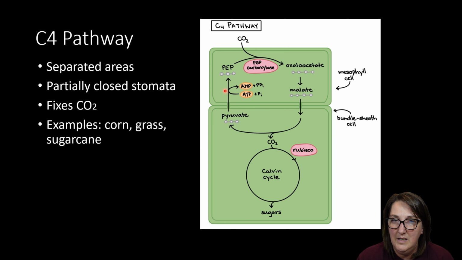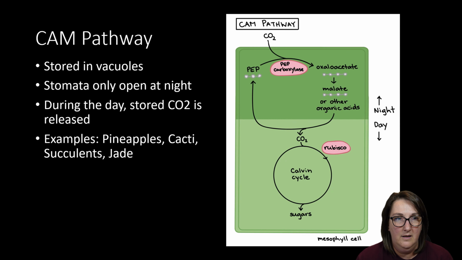And then ATP comes along, helps rearrange it back into this, and is able to store carbon dioxide into these little boxes to be used later on. Examples of this are going to be corn, grass, sugarcane. This is what these type of plants can do to keep from losing a lot of water during these hot summer days.